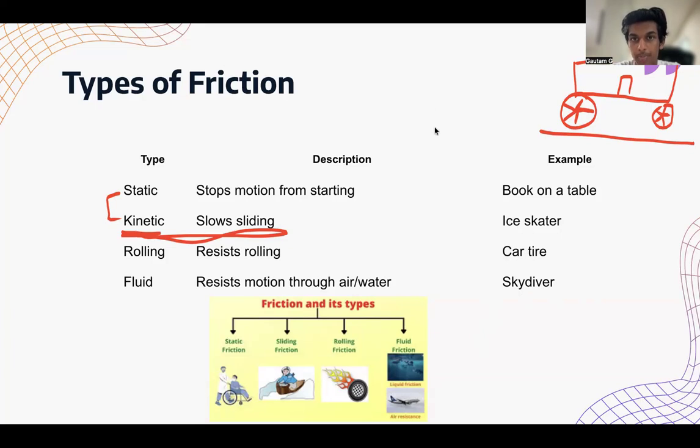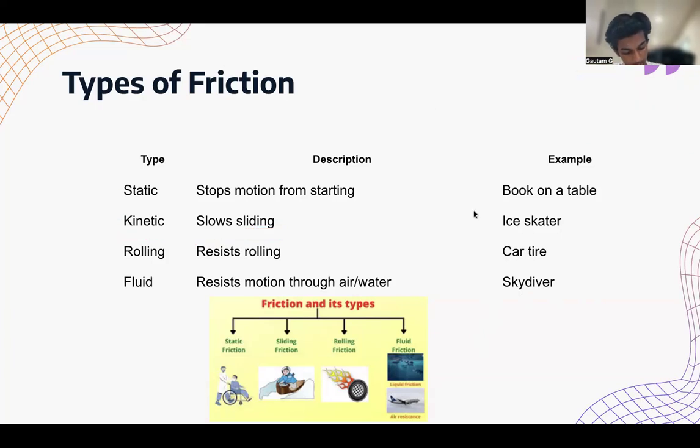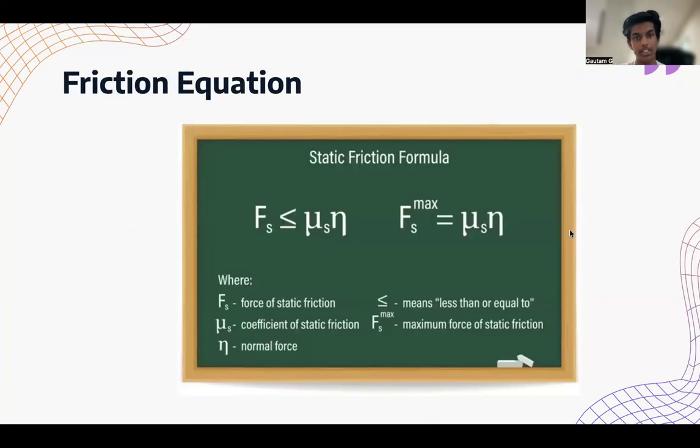Yes. Okay, let's go on. This is what I was mainly talking about, right? When you're looking at the static friction formula, it looks a bit complicated, but I'll break it down for you guys.